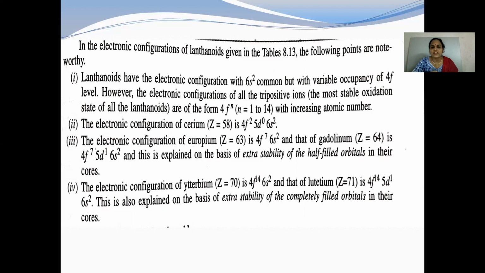The electronic configuration of ytterbium, Z equals 70, is 4f14 6s2, and that of lutetium, Z equals 71, is 4f14 5d1 6s2, and this is also explained on the basis of extra stability of the completely filled orbitals in their cores.